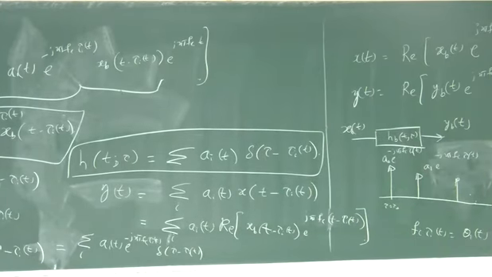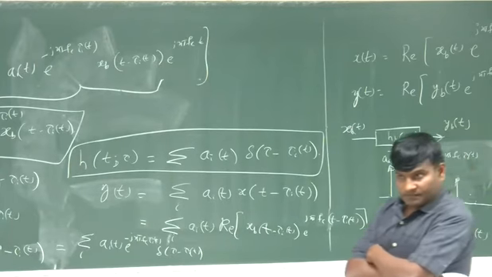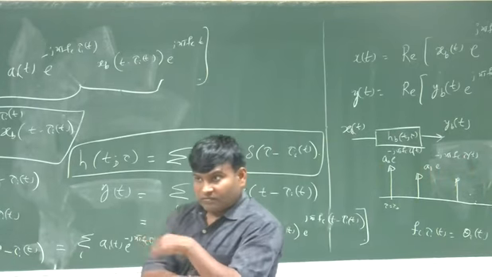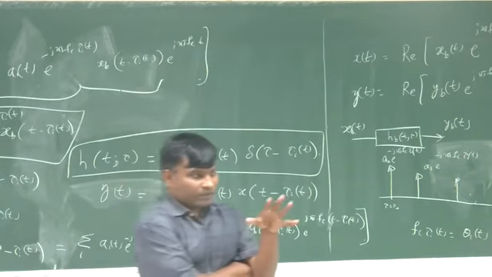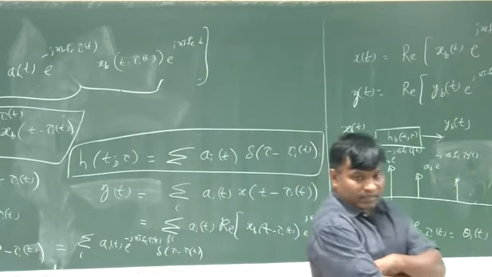These discrete time samples convey the same information as the original analog information carrying signal xb of t, which is in its baseband. Then you can use DSP operations.